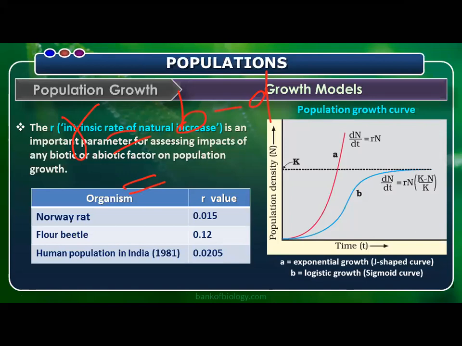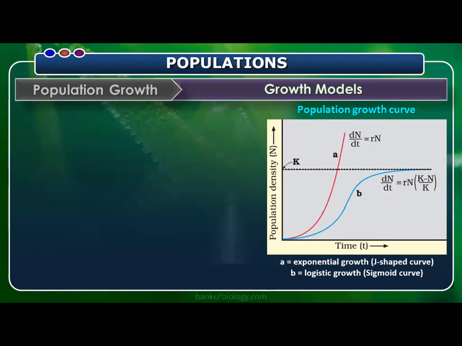So the R value is 0.015 for the Norway rat, 0.12 for the flour beetle, and in 1981 it is 0.0205. In simple terms, if the R value is negative, we say the death rate is more than the birth rate.